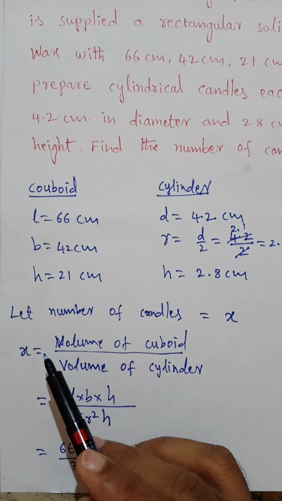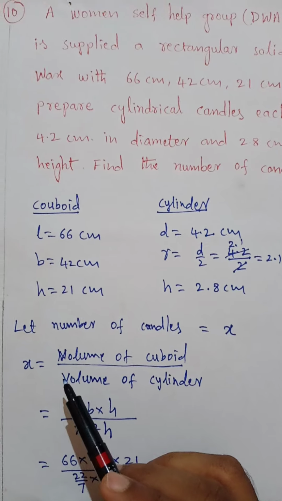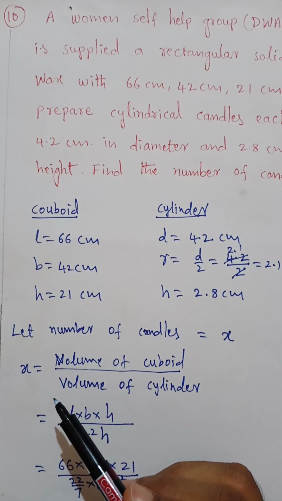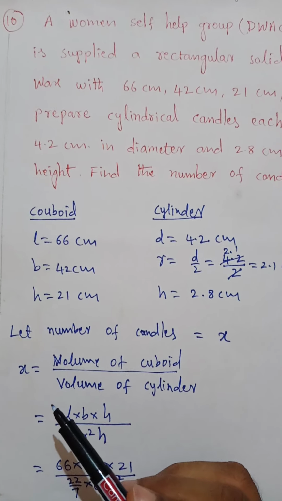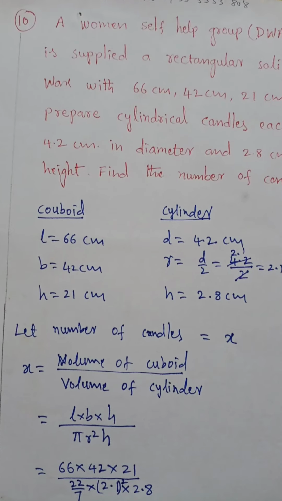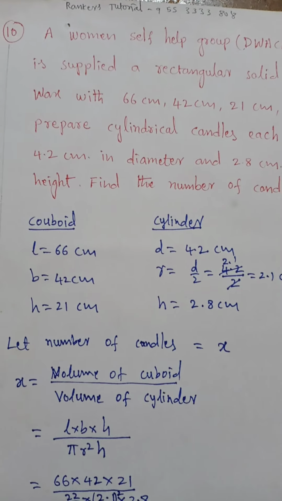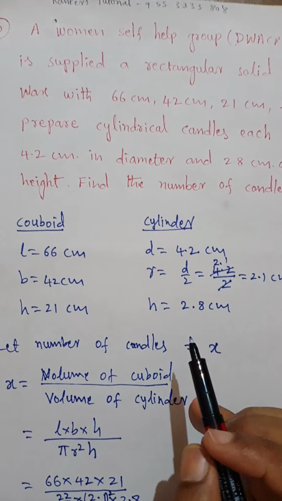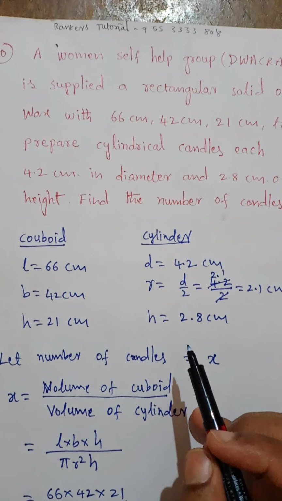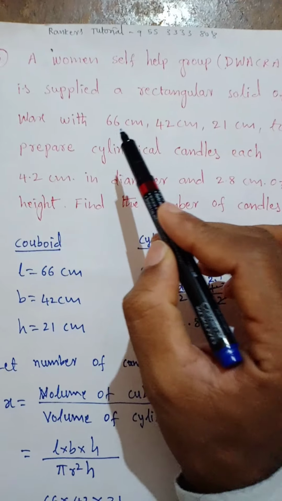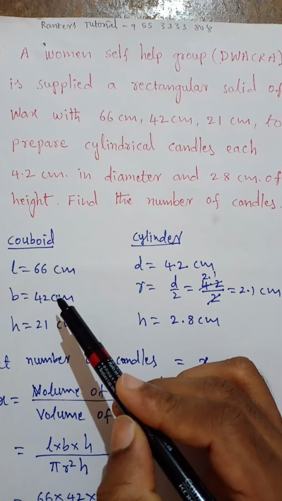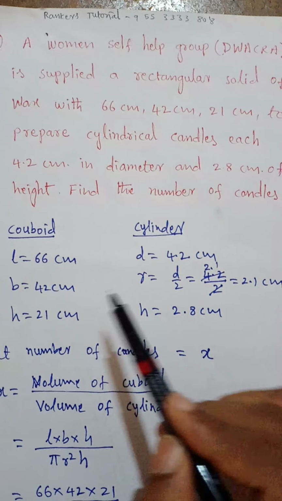Now x equal to, listen, in this case, how many candles we have to prepare from the cuboid. This type, you remember simply: volume of bigger one by volume of smaller one. So here the cuboid measurements are more, this means from the cuboid we have to prepare the cylinder.